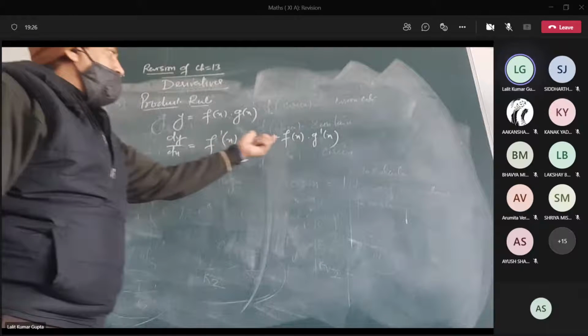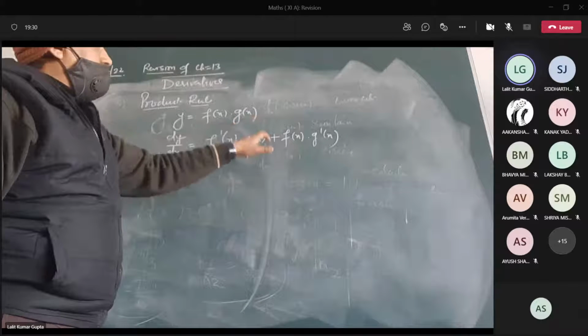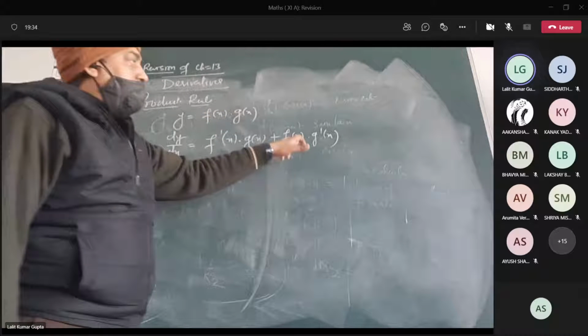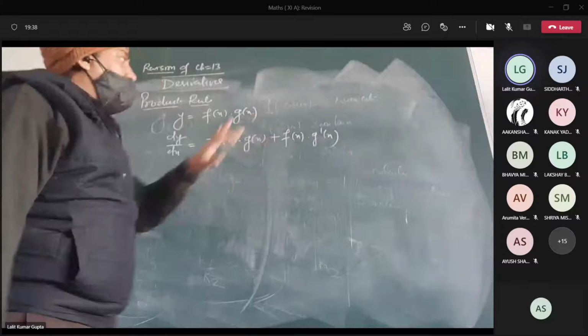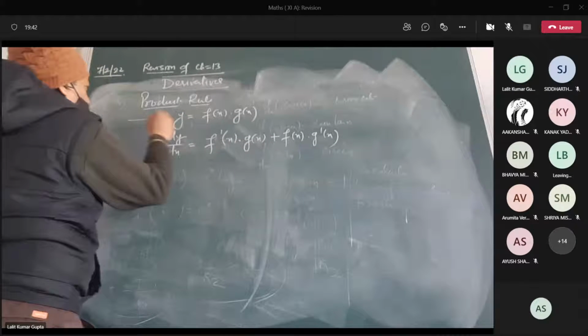So this is the rule for when we have two functions in multiplication.